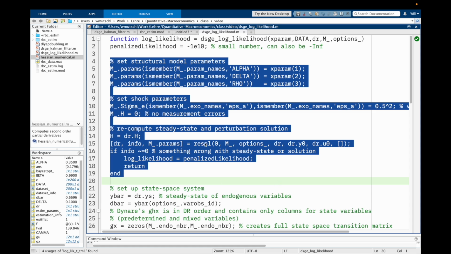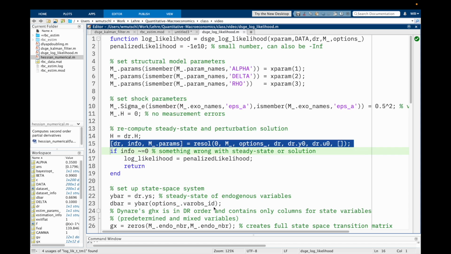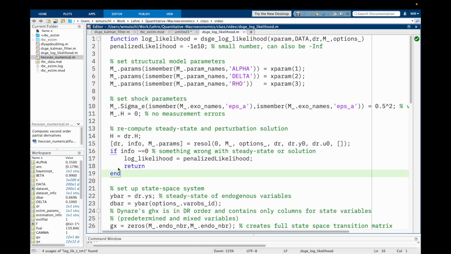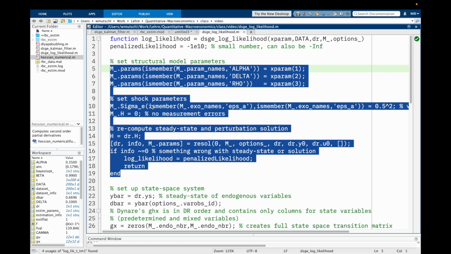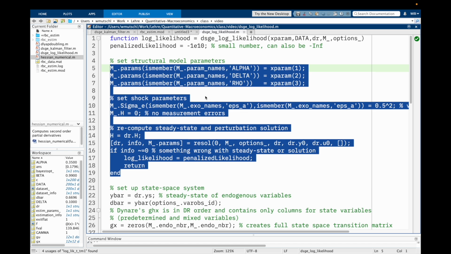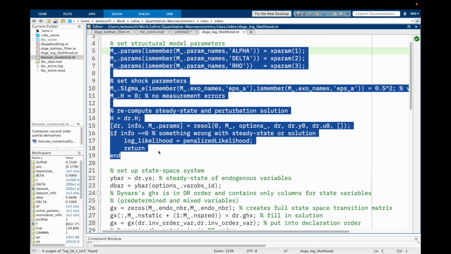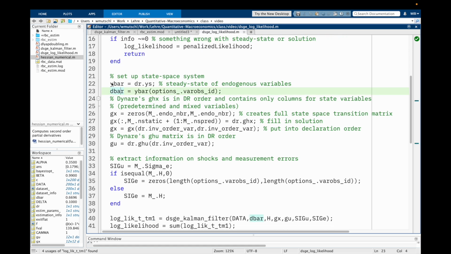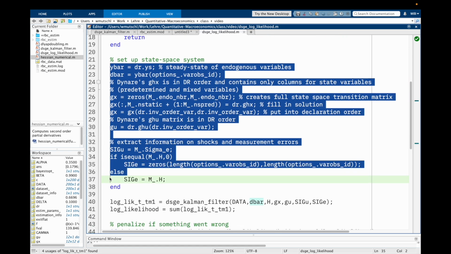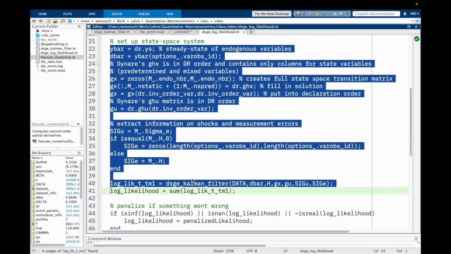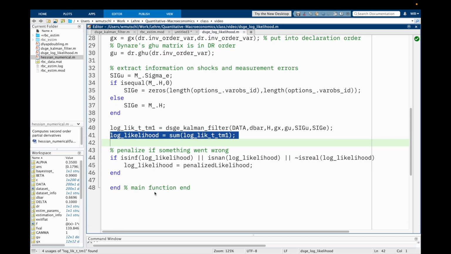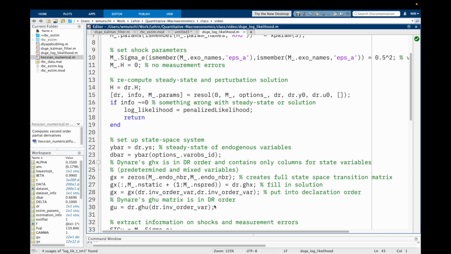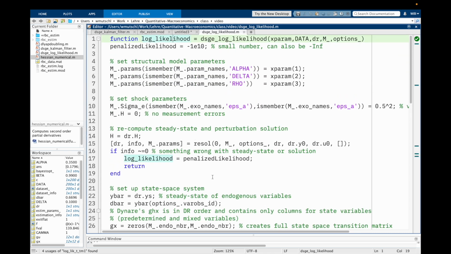And we're just going to use Dynare's little resolve functions here to update the parameters, recompute the solution, and then set up the state space system, everything that we need to call our Kalman filtering routine, and then sum up the contributions, check whether everything is wrong, and put out the value for the log likelihood.